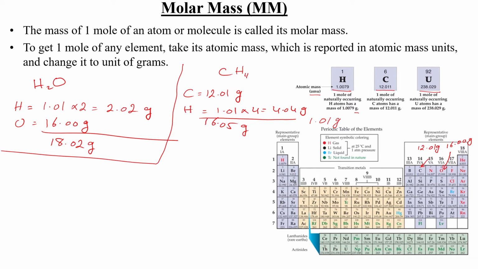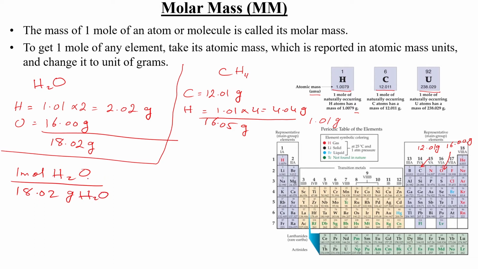We normally write these molar masses in the form of a conversion factor when we use them in a problem. So molar mass is the mass of 1 mole of a substance, right? So 1 mole of water is 18.02 grams of water.